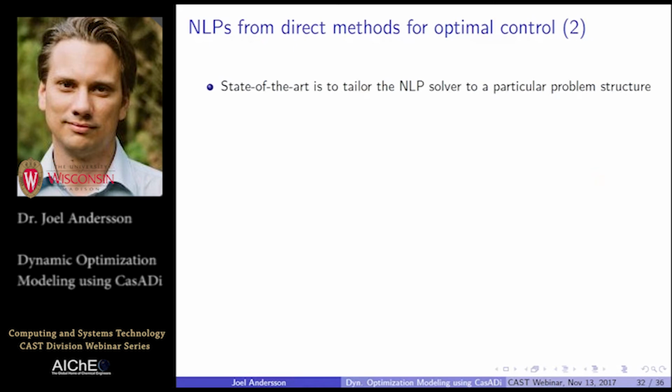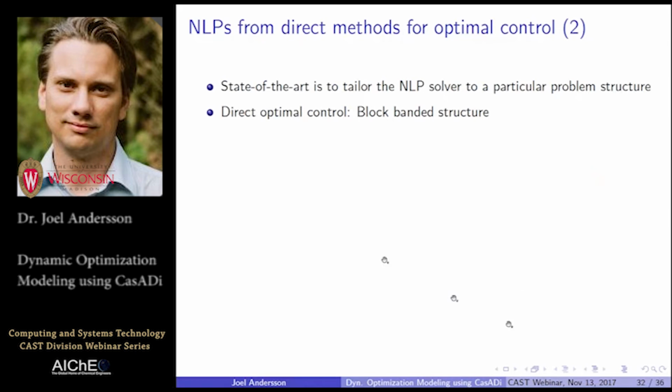So what is the state of the art to handle that type of problem? Well, if you look at state-of-the-art code for direct multiple shooting, it is to write tailored solvers that tailor the NLP solution to a particular structure of the optimal control problem.